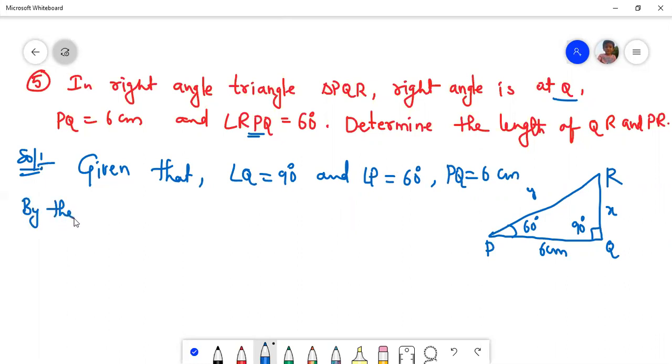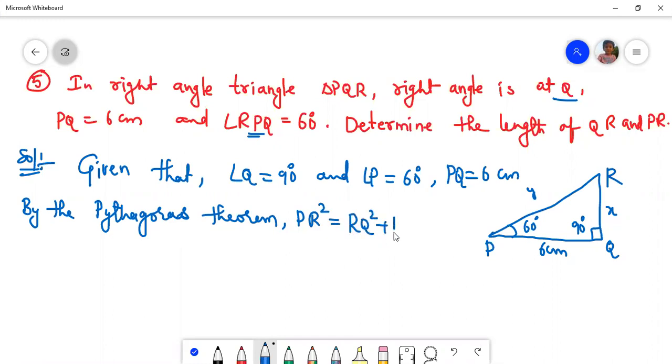By the Pythagoras theorem, the hypotenuse, that is PR square is equal to RQ square plus PQ square.